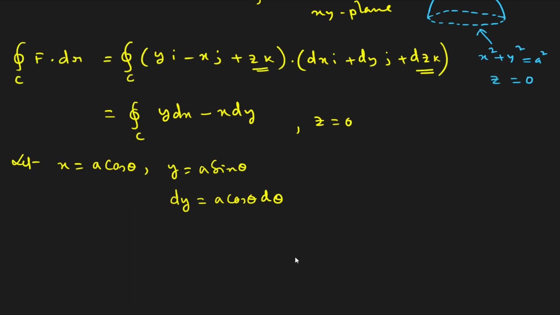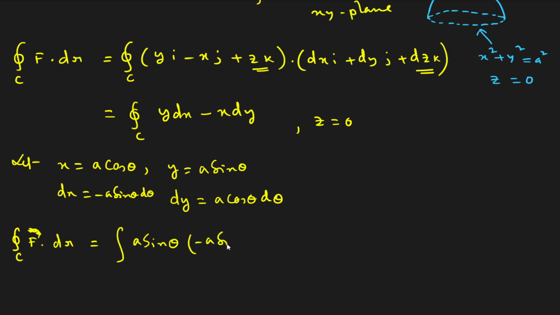Now let us do the integration. Integration over c of F dot dr is equal to how much? If you put all these values here, it will be the integration of y, which is a sin theta, and dx, which will be minus a sin theta d theta.